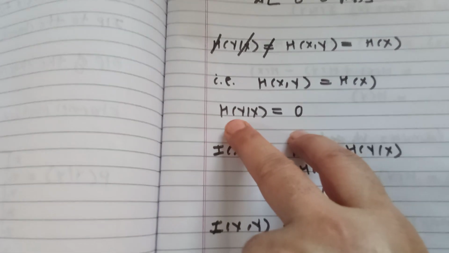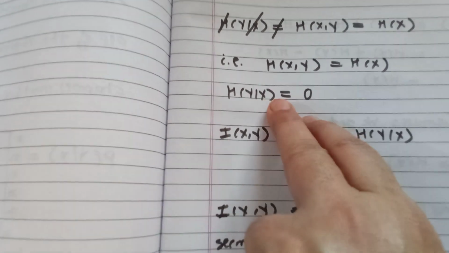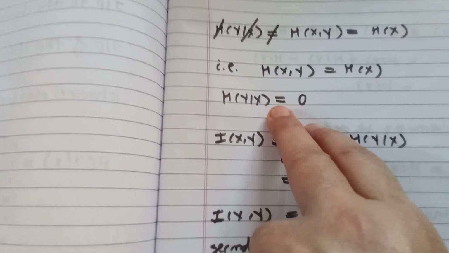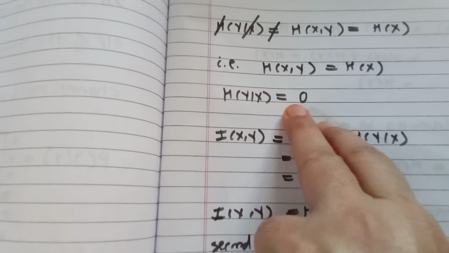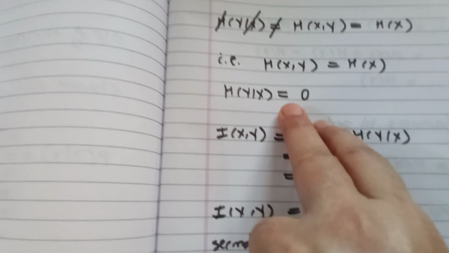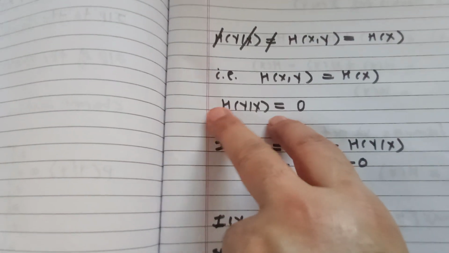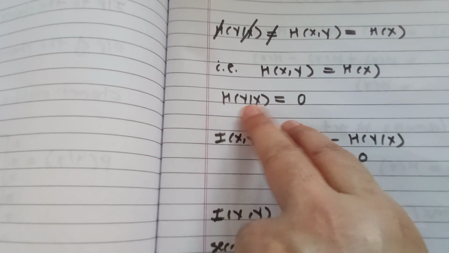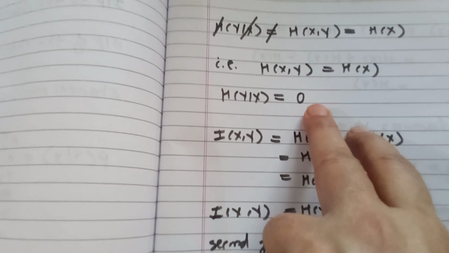That means input symbols x1 to x6 can tell what the output will be with 100% probability. So this is the meaning of H(Y|X) equal to 0.